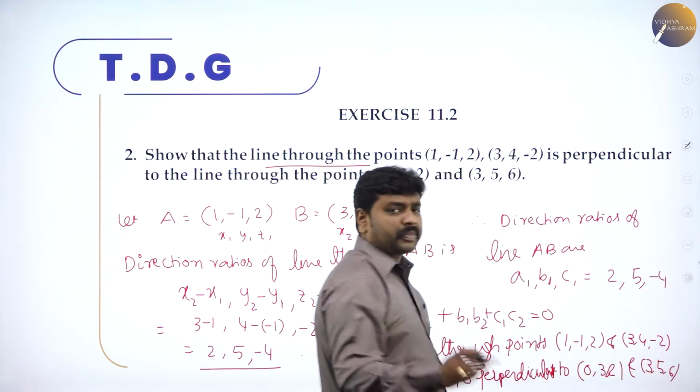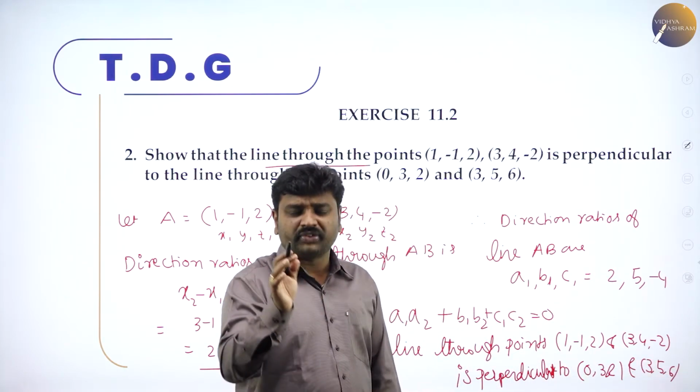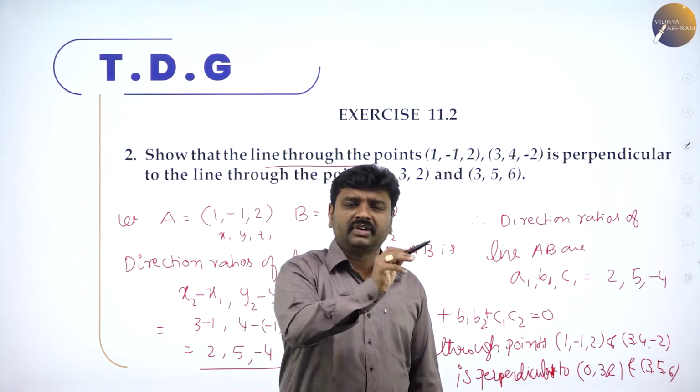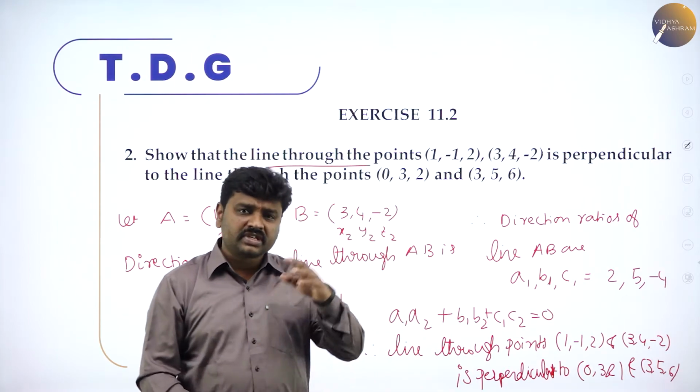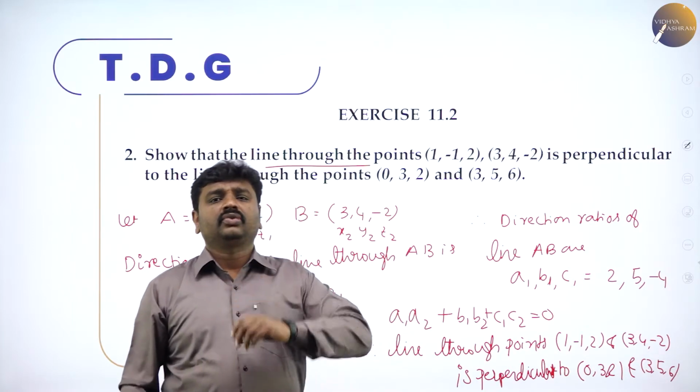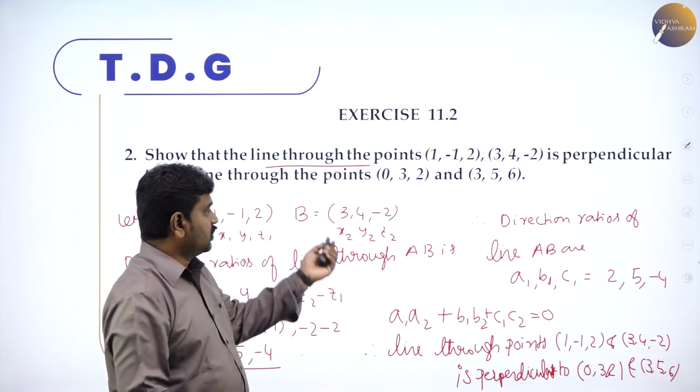If two lines are perpendicular, then a1 a2 plus b1 b2 plus c1 c2 will be 0, where a1, b1, c1 are the direction ratios of the first line and a2, b2, c2 are the direction ratios of the line joining the points of the second line.